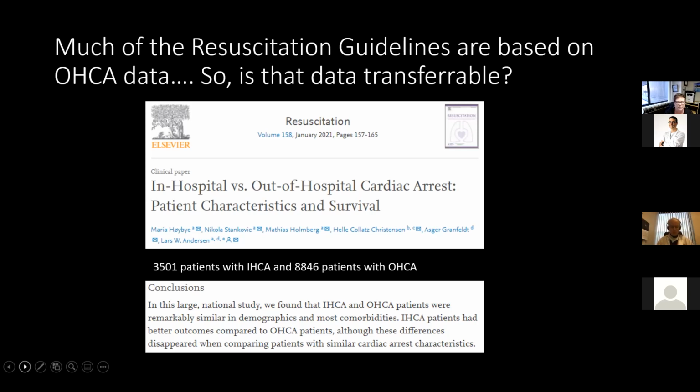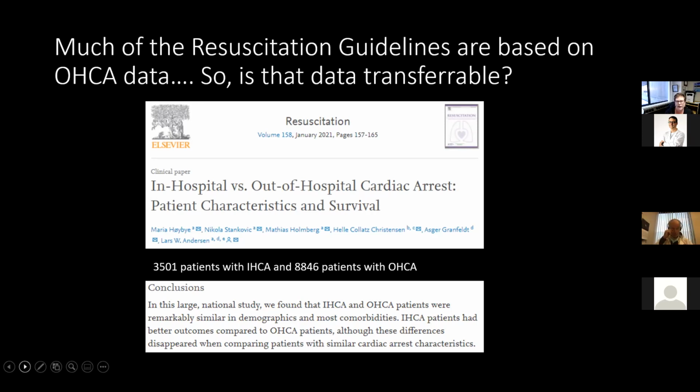And so this was published in Resuscitation in January 2021, basically took about 12,000 patients, so 8,800 out of hospital cardiac arrest and around 3,500 in-house. And it found significant similarity in their demographics and their comorbidities.